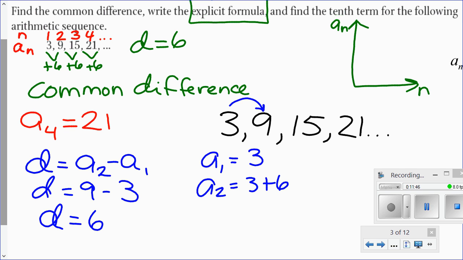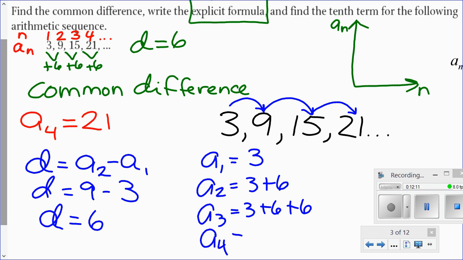To get from 3 to 15, how many times did I have to add 6? Twice. Right? To get from 3 to 21, how many times did I have to add 6? 3 times. To get from 3 to the 5th term, how many times would I have to add 6? 4.